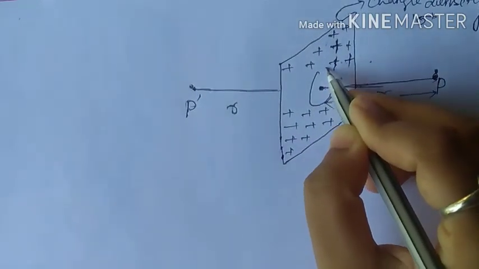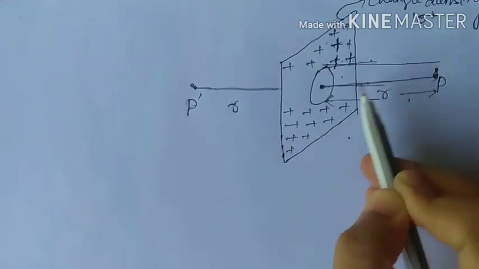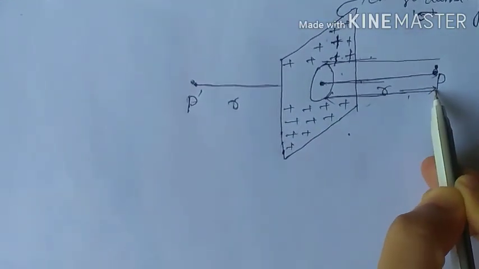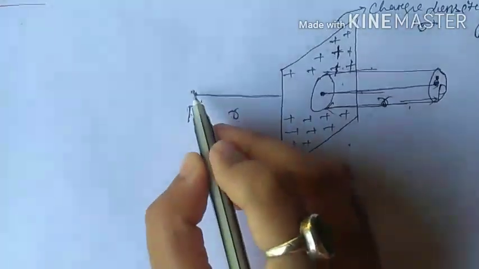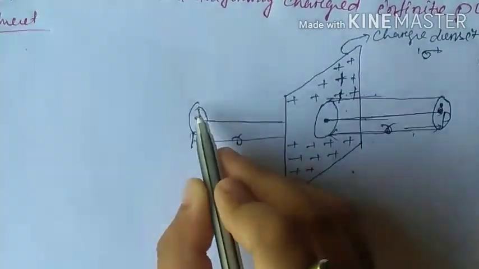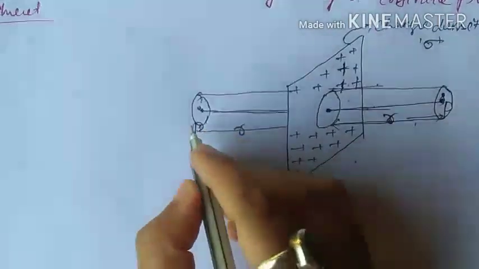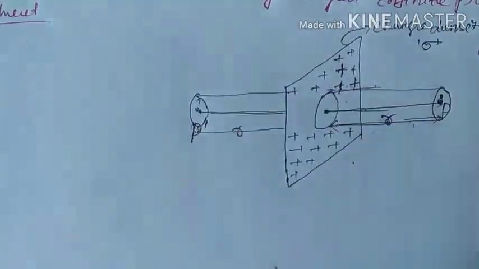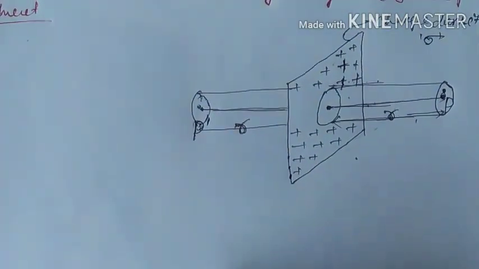We form a cylindrical Gaussian surface, right? It has distance r. We are taking both directions to maintain the symmetry, right?